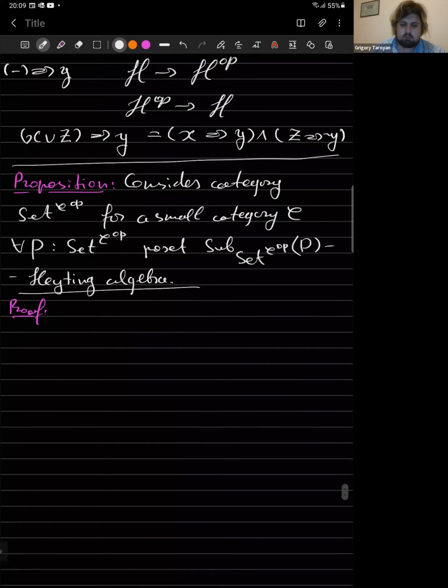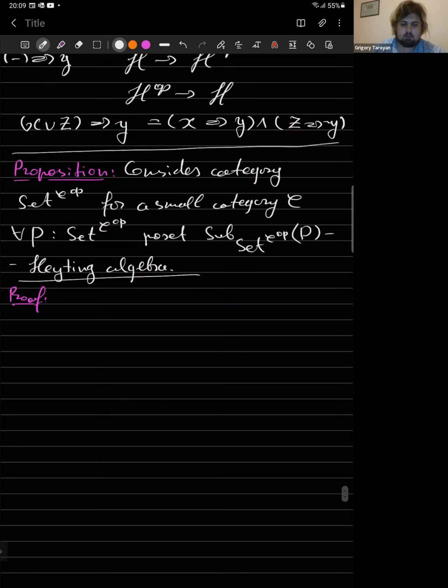And so to do this, we just consider the pointwise operations.